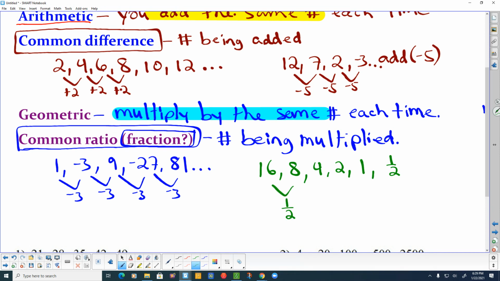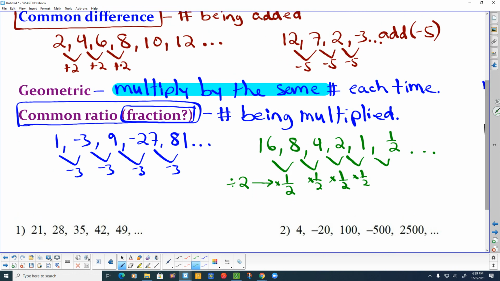You're thinking to yourself, isn't he dividing by 2? To divide by 2 is the same as multiply by a half. So my common ratio is times 1/2. Times 1/2, etc. And it keeps going forever because I can have 1/4, 1/8, 1/16, and continues on.